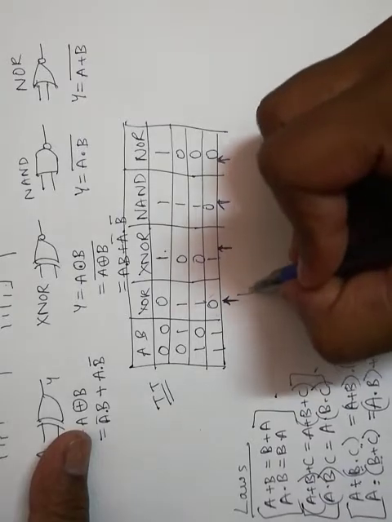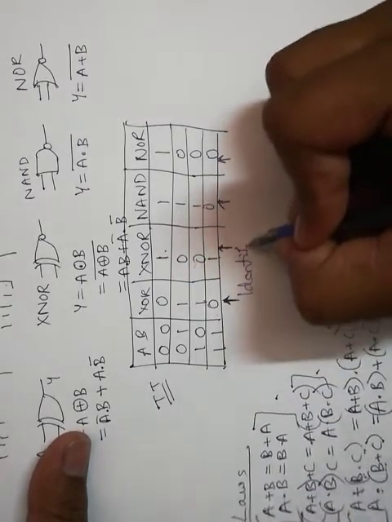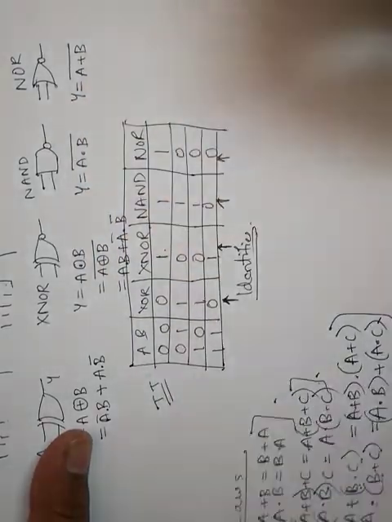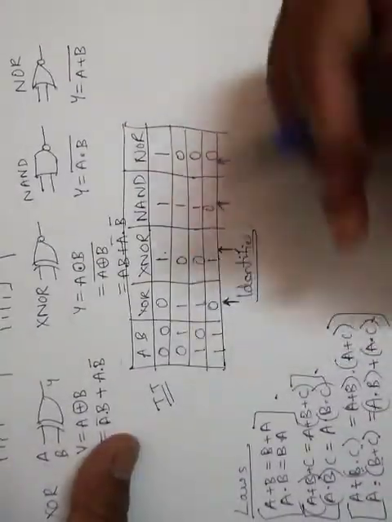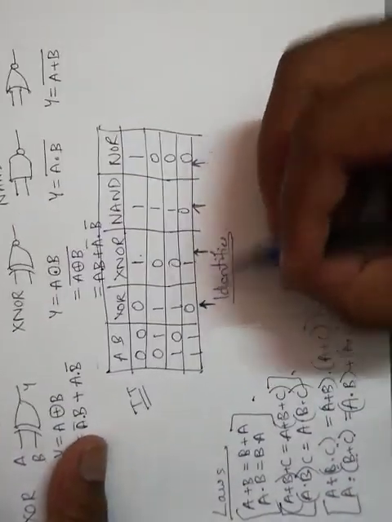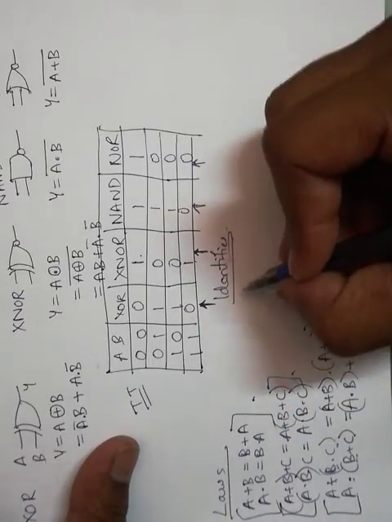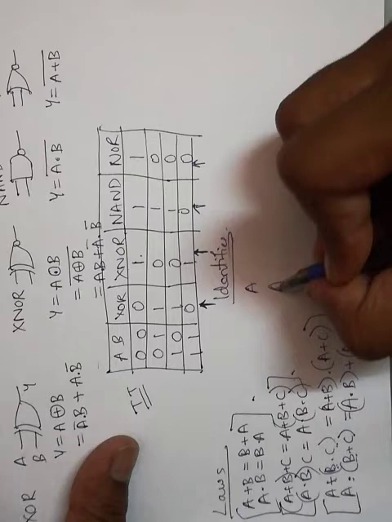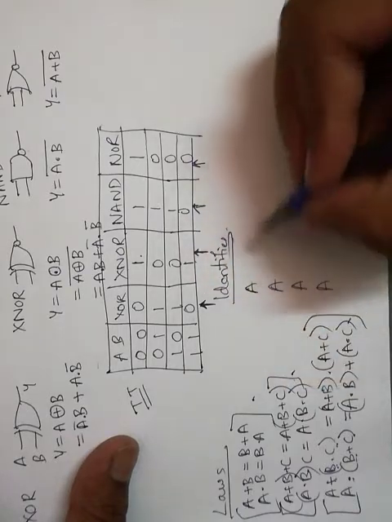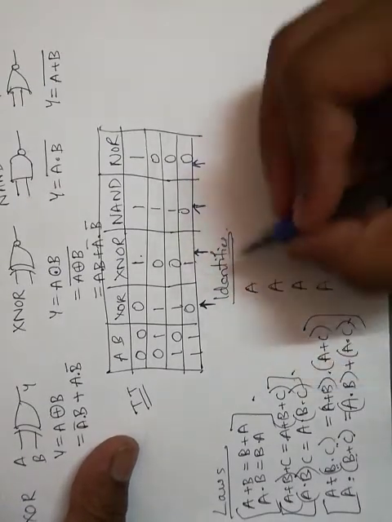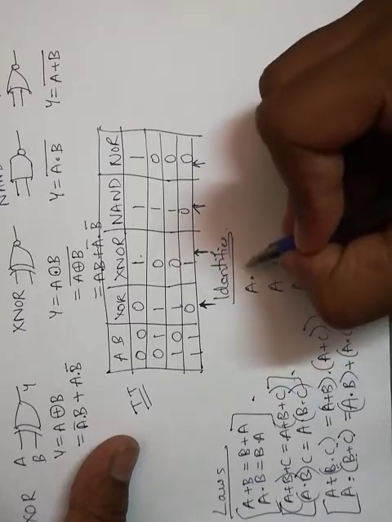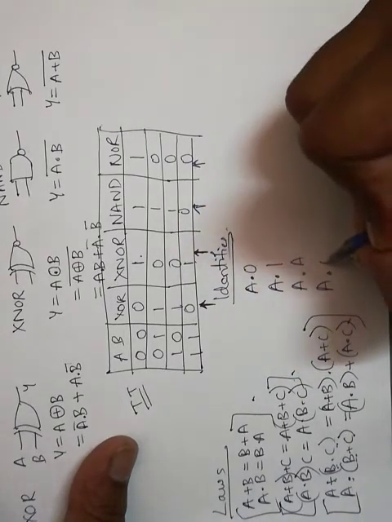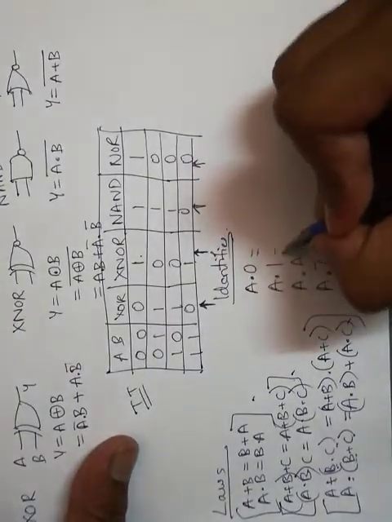And we have some identities. Identities define what should be done when we have single variable. A, B are variables. Say we have A. I will let you know why we have 4 letters here. A can be either operated with 0 or 1 or with itself or opposite of itself.